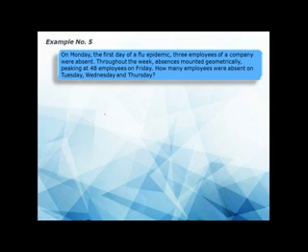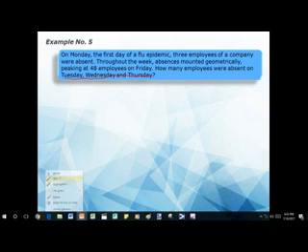So we can see here that the days of the week, let me use my pen. We have here Monday, Tuesday, Wednesday, Thursday, and Friday, and these are our n.